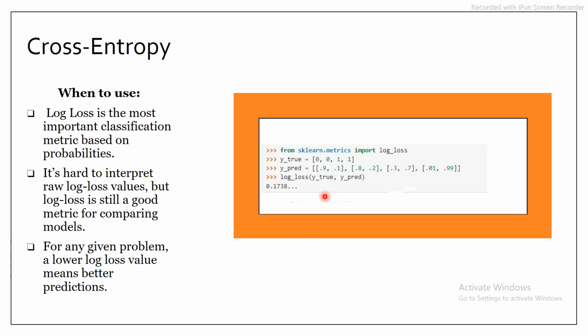If you see their values, you will see the contrast. Whenever you get a low log loss, you put e to the power of it, so you get a higher value. That is your probability of predicting that class label. So a lower log loss is good for a model because it has higher predictability for predicting the class label, whether a person is infected with COVID or not. That is very important.